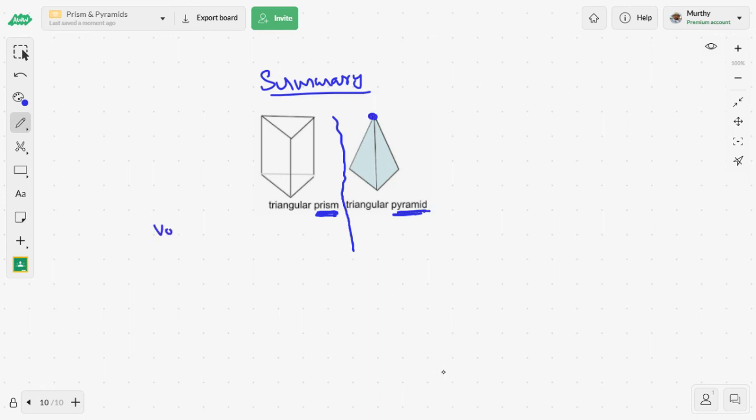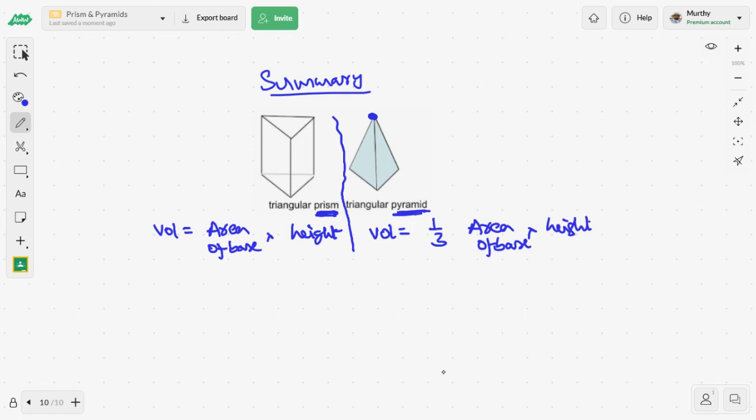The volume of a prism equals area of base times height of the object. And the volume of a pyramid equals 1/3 the same, which is area of base times height. Okay, that's it.